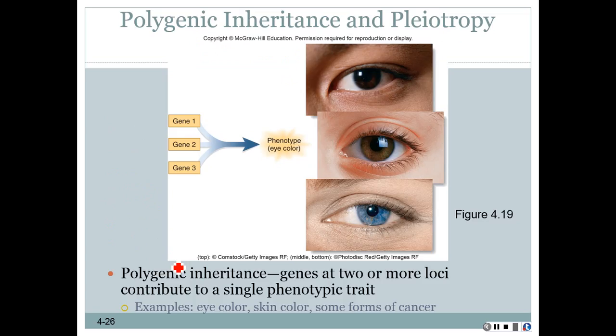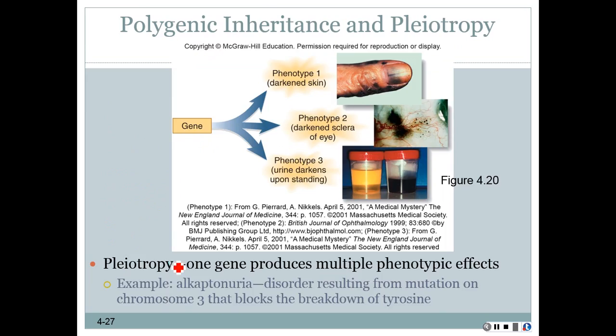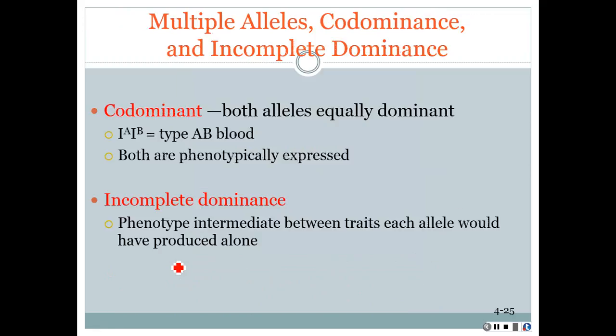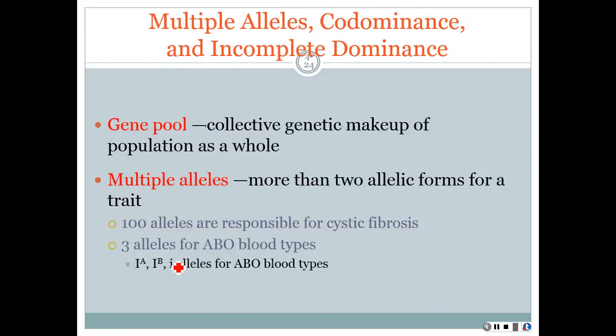So to have type A blood, a person must have either IA IA, or IA and lowercase i. So let's do that.